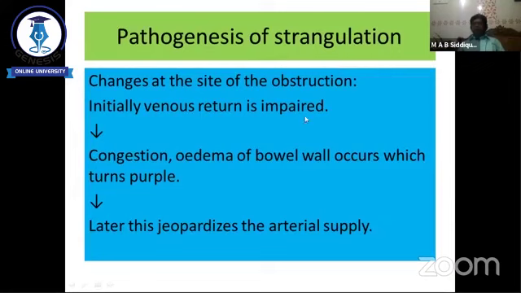And I already mentioned the pathology of strangulation: congestion at the site of obstruction, initially venous return is impaired, congestion and edema of the bowel wall occur which turn purple, and later this jeopardizes the arterial supply and produces strangulation.